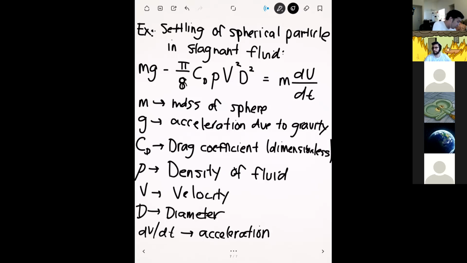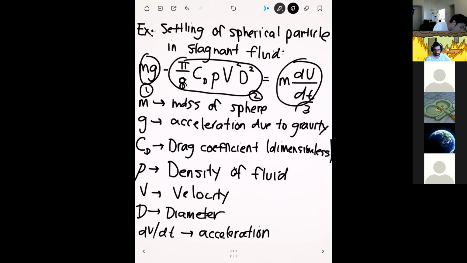So we'll call this term 1, this big one term 2, and this one term 3. Any questions on the setup of this example before we go about solving it?